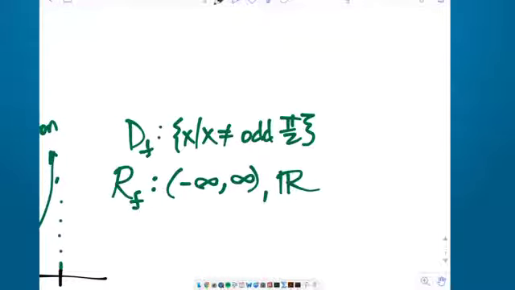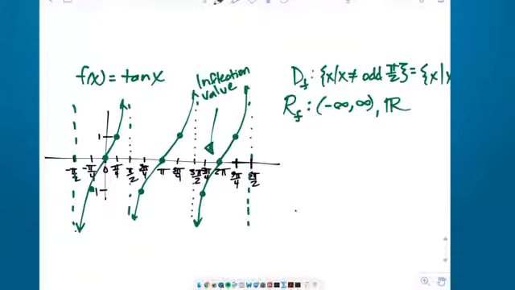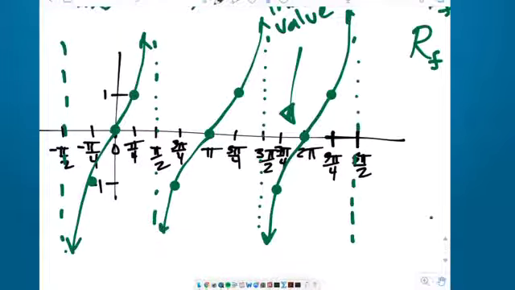Now, that's a great way to remember where the vertical asymptotes are. Odd pi halves. 1 pi halves, 3 pi halves, negative 57 pi halves. That works. But that's not very mathy, is it? So let's do a little bit better than that. The way that you write this, mathy-wise, is to pick any vertical asymptote. And I would always suggest the most convenient one, the first non-negative vertical asymptote, which happens at pi halves.